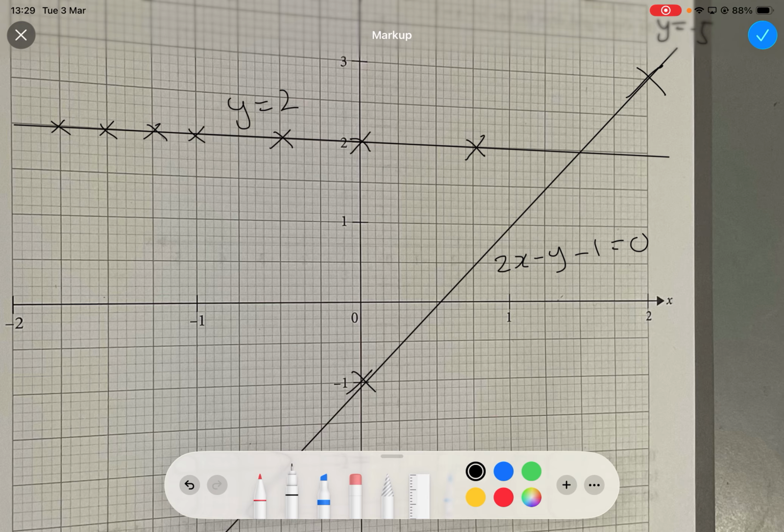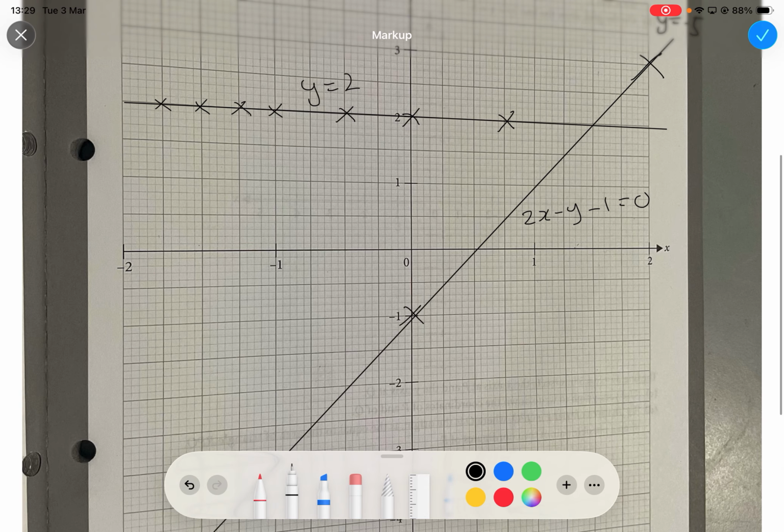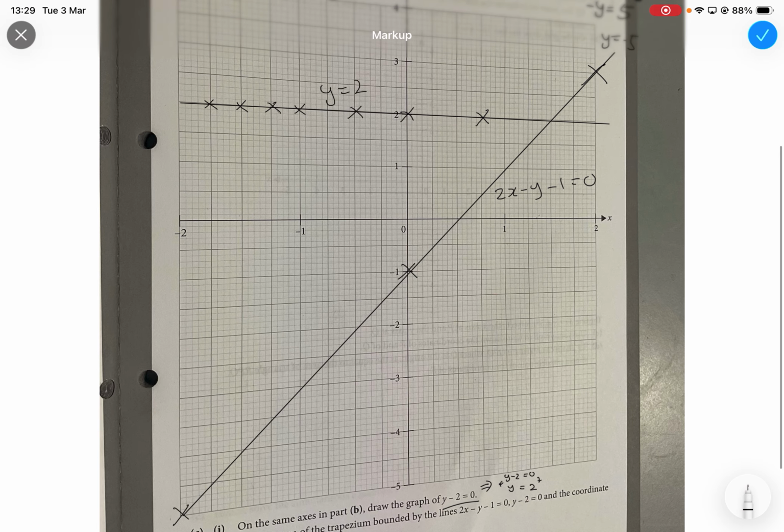So at first, if I only have one equation, there can be endless combinations of x and y that will fulfill this equation. But at this intersection, that is the only combination of x and y that will satisfy both equations at the same time.